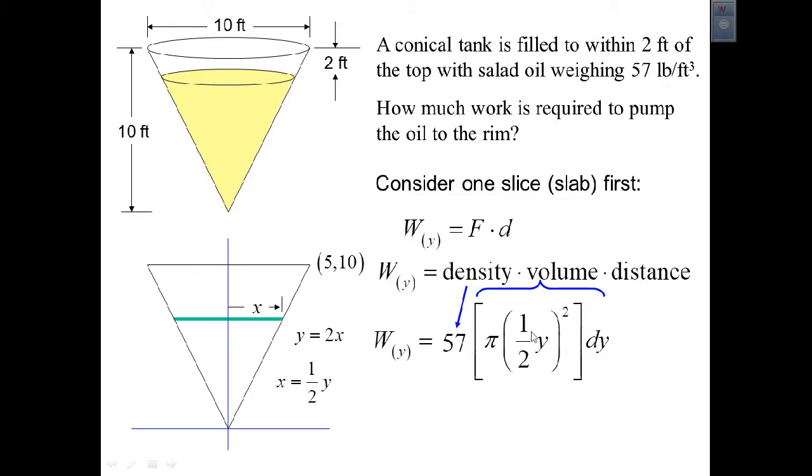And we're integrating this in terms of y, so we use y for our height because that is the height of this thing. And then the distance, well, if this is 0 and that's 10, it's going to be 10 minus y.